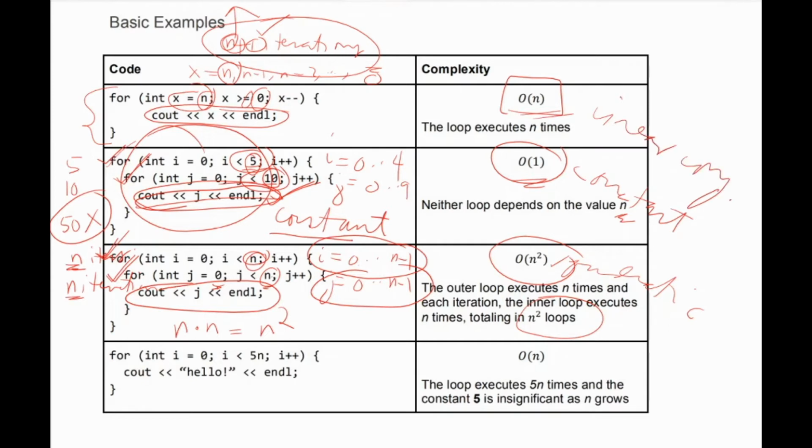The fourth is a single for loop, and this operation here to display hello is executed how many times? Your loop variable i is from 0 up to 5n minus 1, right? 5n is not included.